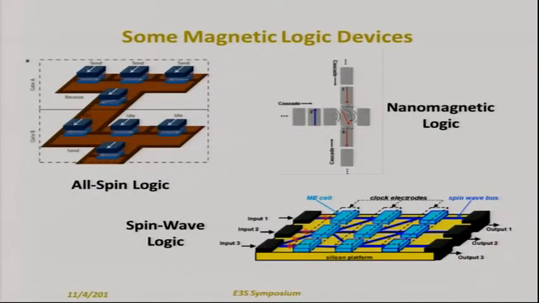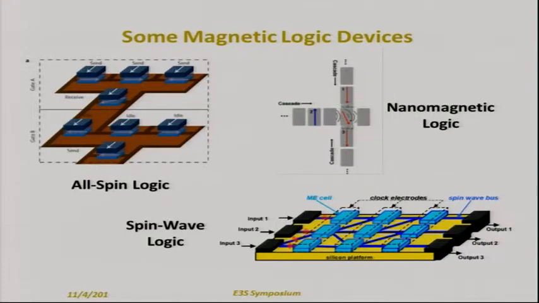Here's a representation of 3 different magnetic logic devices that are being researched at various laboratories. All spin logic is a scheme that involves nanomagnets coupled to a conductor in which spin accumulation occurs by spin injection, and I'll show you a little bit more about this phenomenon.